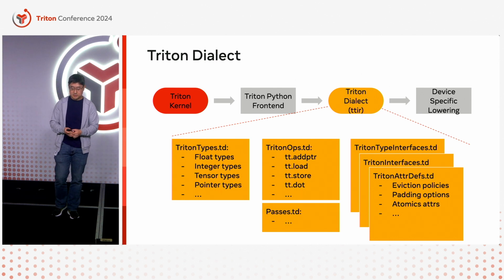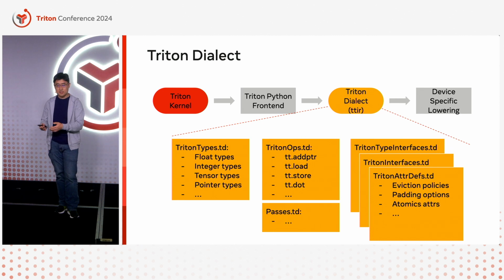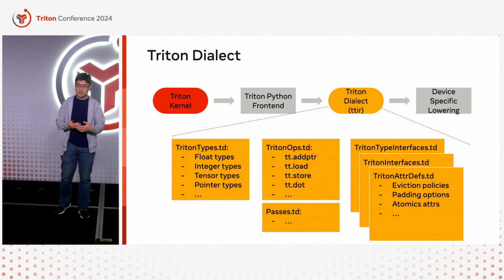Here on the screen, I'm showing some of the things in the Triton codebase that make this dialect work. In Triton types, we define a bunch of types that Triton operations can work with, from the things that are more familiar, like floating 32, integer 16, to some of the narrow precision data types. We also define integer types, tensor types, pointer types, so we can perform memory access.